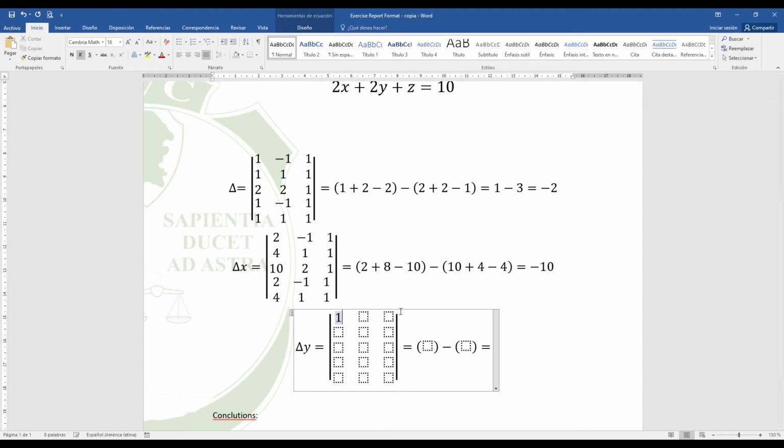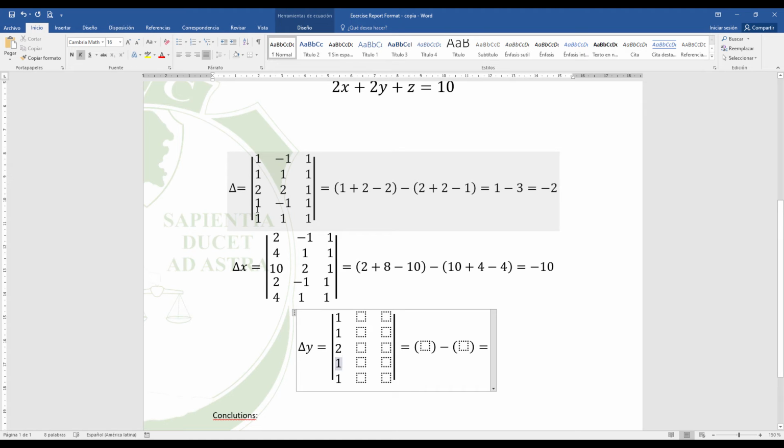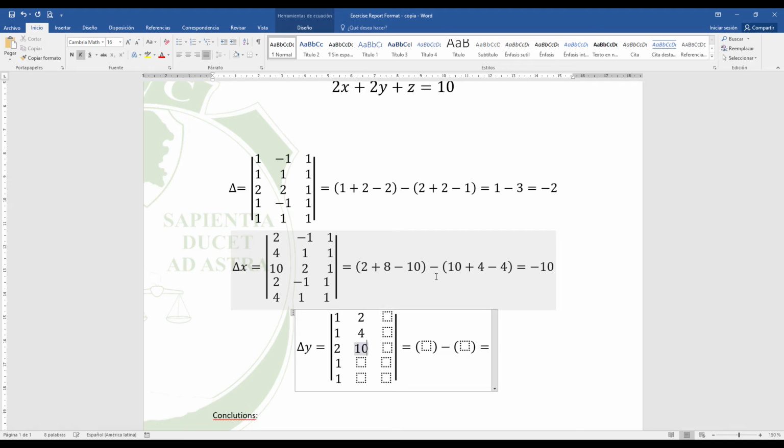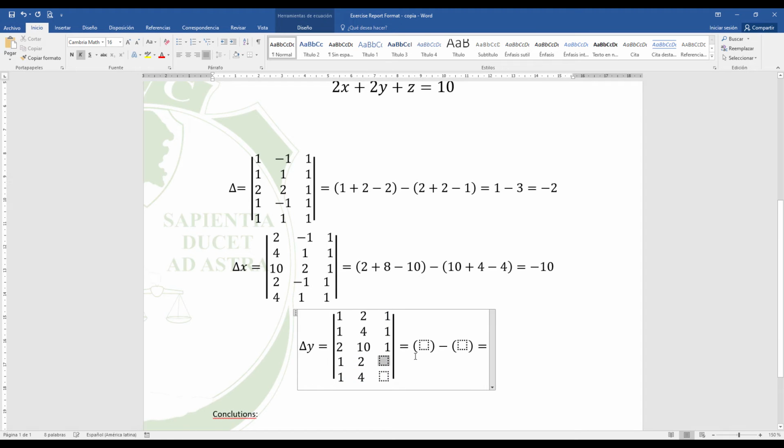You use again the values of the first delta, and here the values of the other side of the equation.